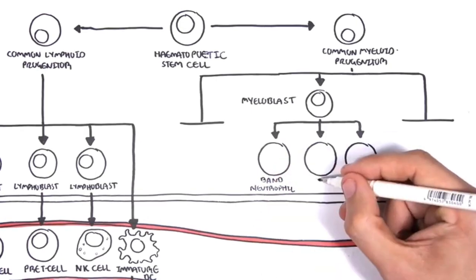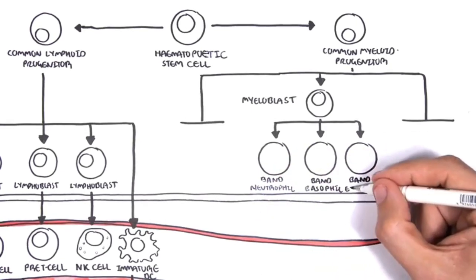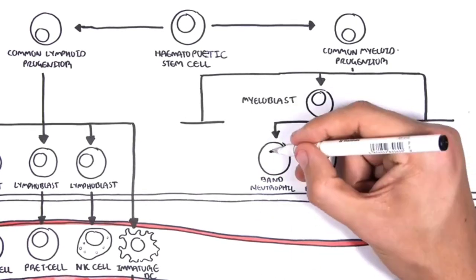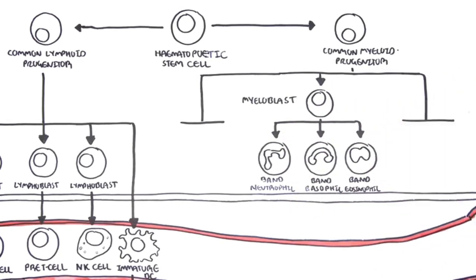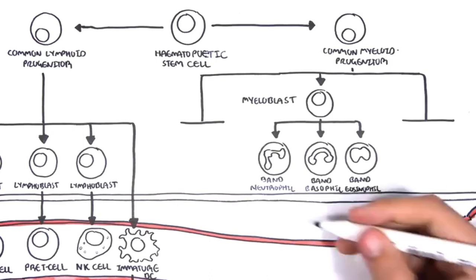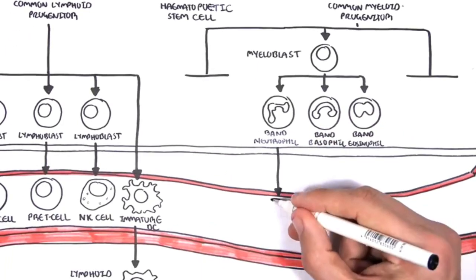These granulocytes are cells containing granules, and they can be band neutrophils, band basophils and band eosinophils. And these granulocytes are called band cells because they are immature cells.